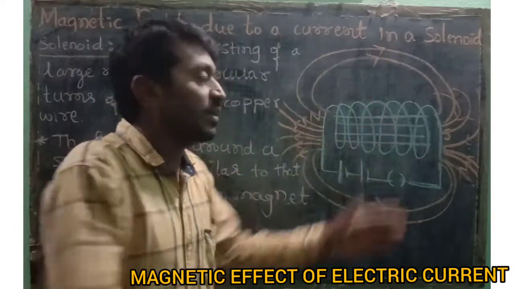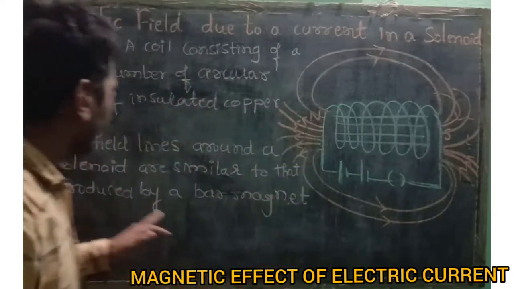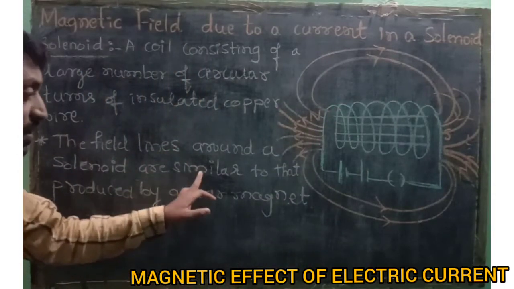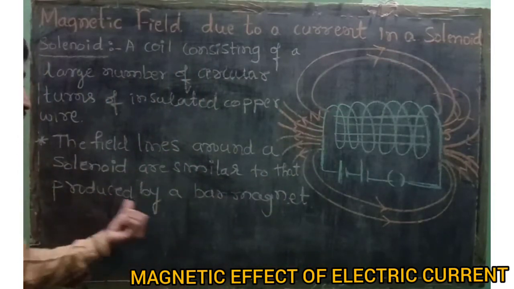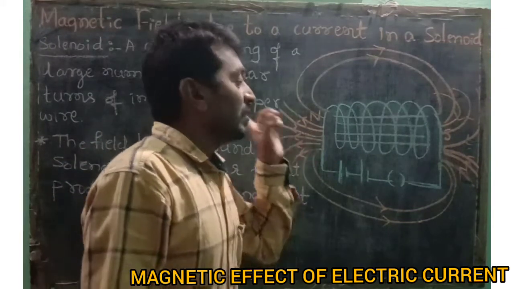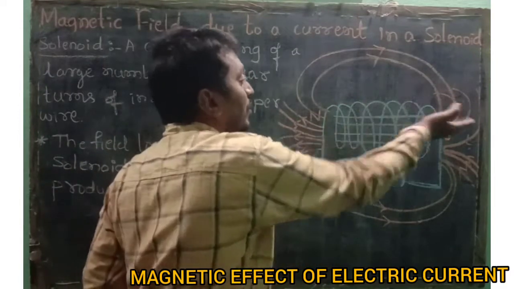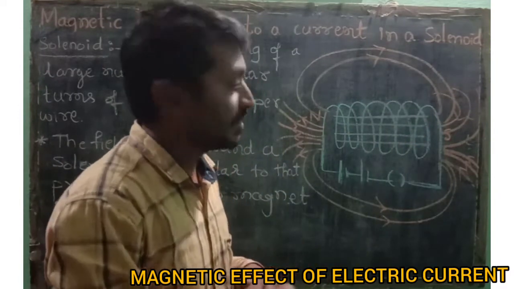That is why the magnetic field lines are similar to those produced by a bar magnet. So here also the magnetic field lines move from north pole to south pole, isn't it? Right.